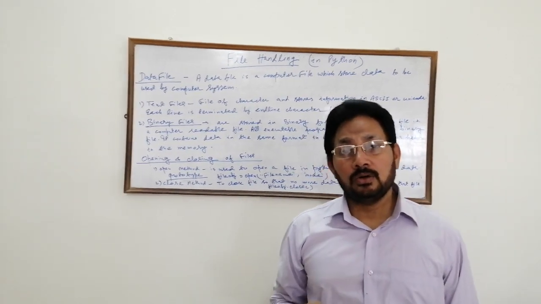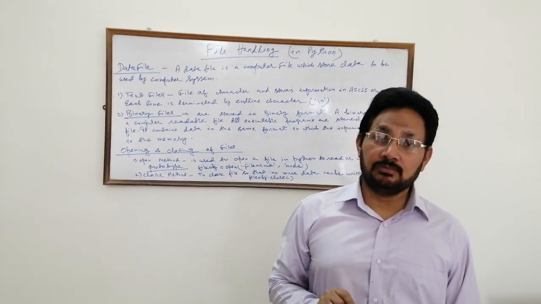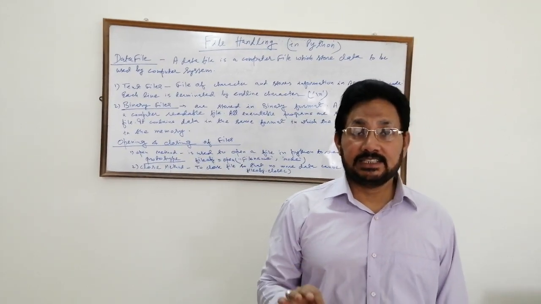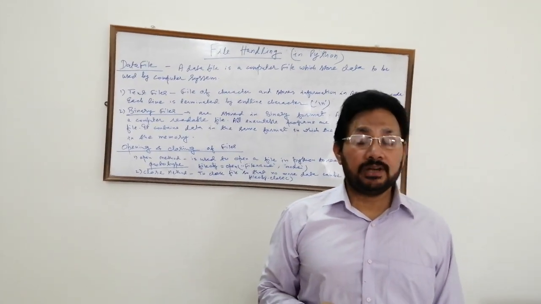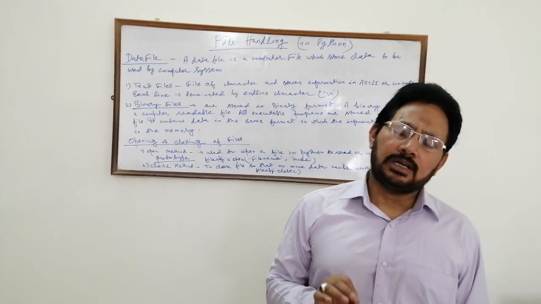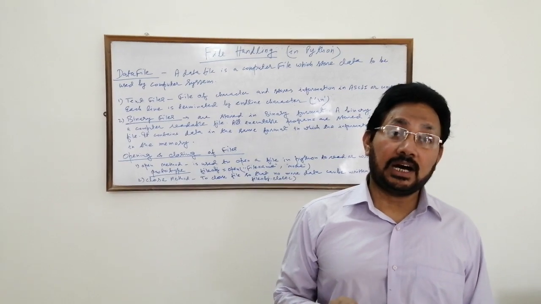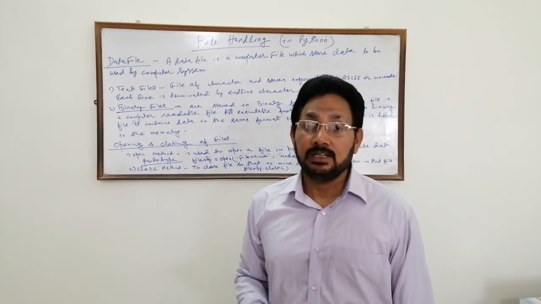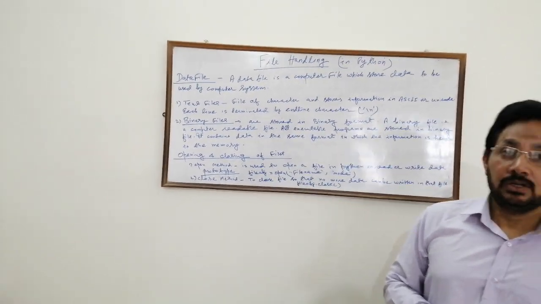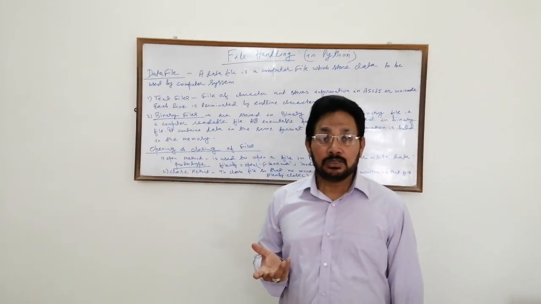You all know in a computer system we have RAM, random access memory, where we can store data. But remember, the data stored in RAM are not permanent. That is why RAM is also known as volatile memory. So where is the data stored?